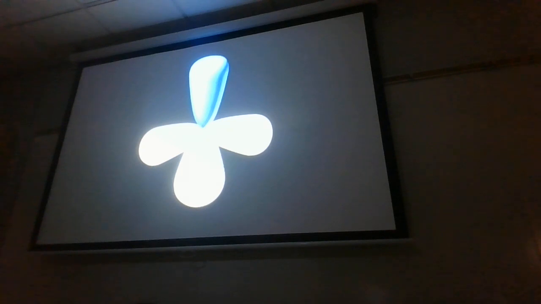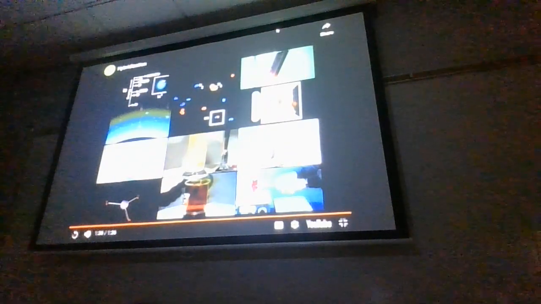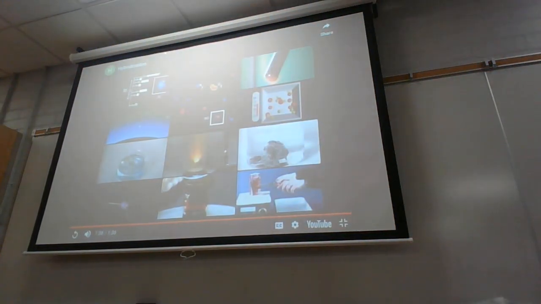The unshared electron pair occupies the fourth sp3 hybrid orbital. All right, so that's basically what we're doing today.